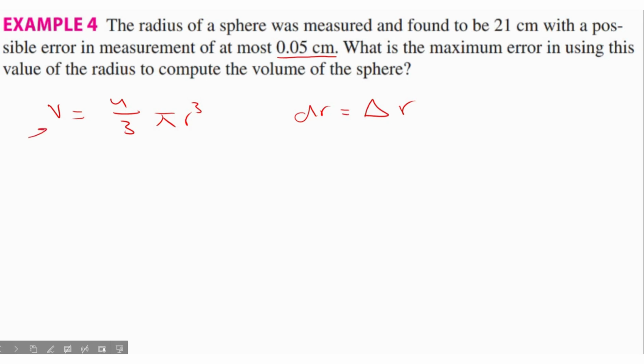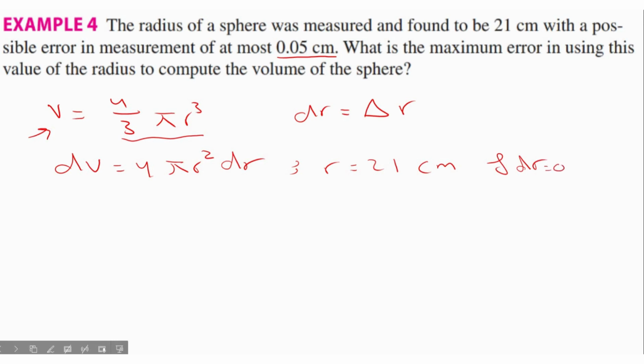Now if we want to differentiate v, this is the differential of v, so this will become dv, and if we differentiate this, 3 will be cancelled with the denominator. We'll get 4 pi r squared multiplied by dr. Now we know that r is 21 centimeters and the dr, which is the error, is 0.05 centimeter.